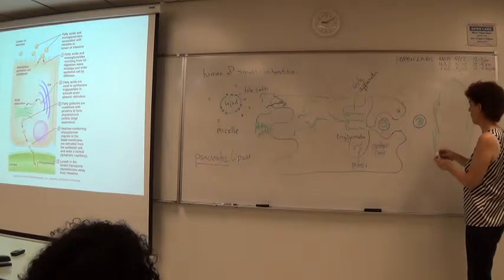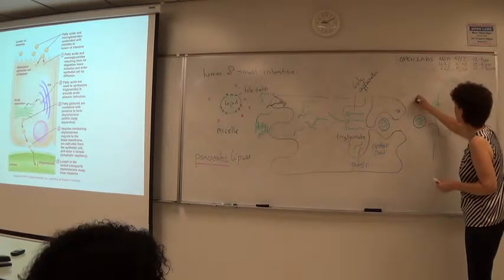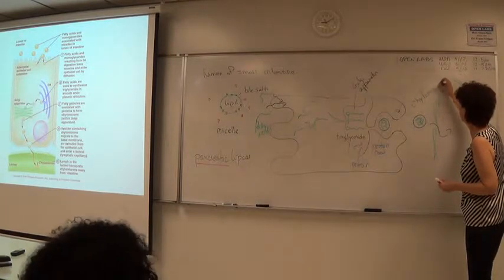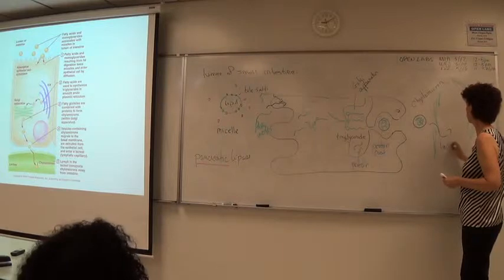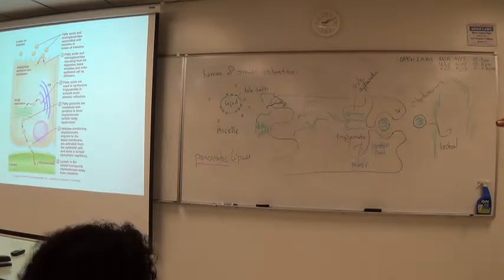So they're large enough for this structure, chylomicron, to enter a lacteal. This is why our lymphatic fluid from the digestive tract is rich in lipids, which does not go directly to the liver. All right?